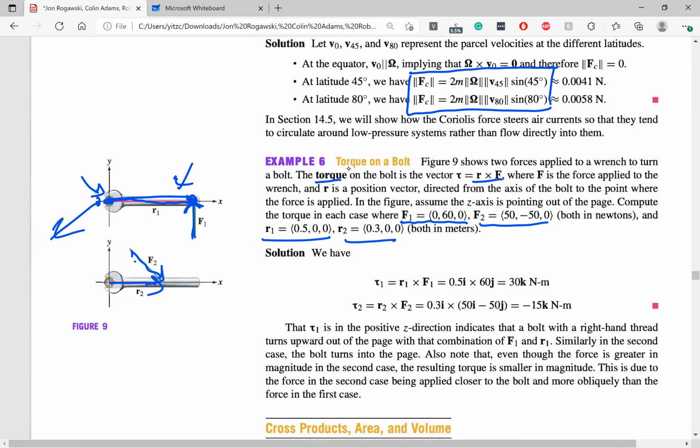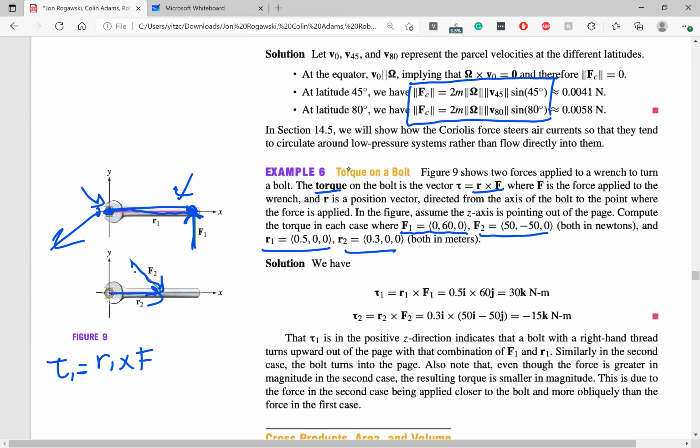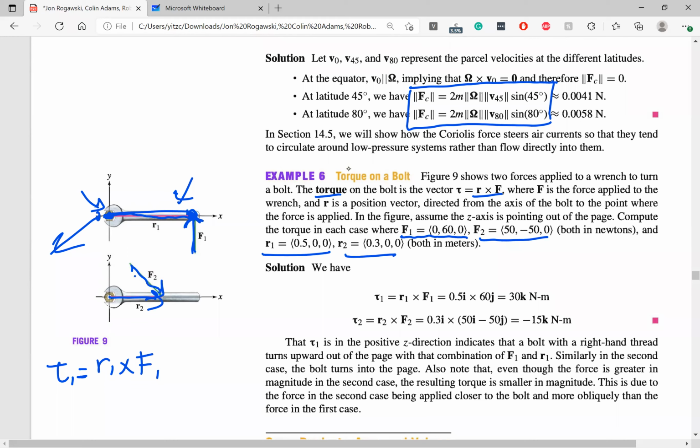Okay, so what you want to do is say my torque is R1 cross F1. That's just what my torque is. And then you just need to compute that cross product. You can use the rule that we saw. You can take a matrix. In this case, it's fairly simple. They're trying to use rules that we're not going to look at.